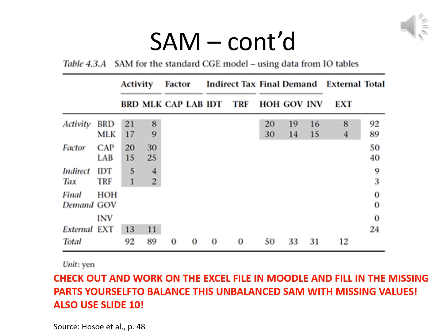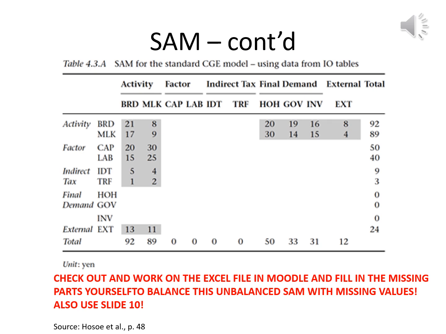So far, what you see in this table is, if you look at the activity accounts, bread and milk, the row sums 92 and 89 are equal to the column sums 92 and 89. But for the remaining part, because the data are missing, you see the row sums and column sums are not equal to each other.